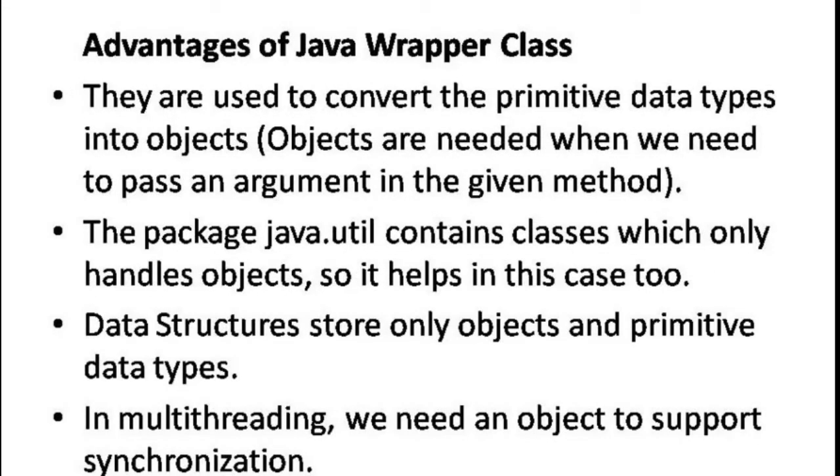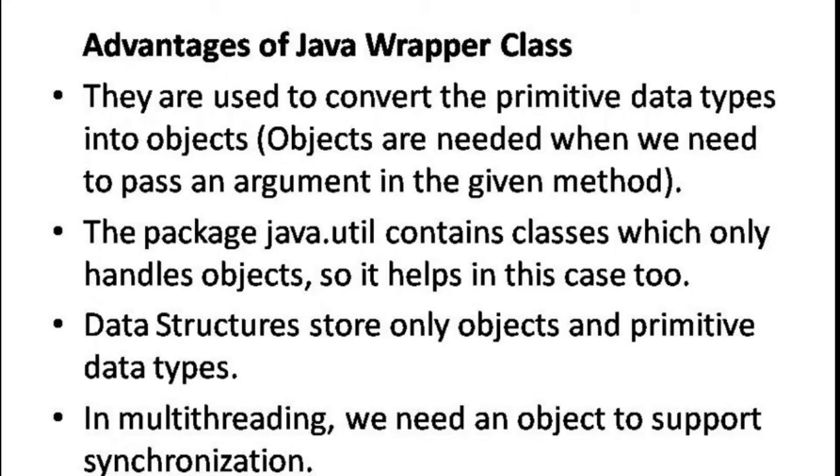Now, what are the advantages of Java wrapper classes? They are used to convert the primitive data types into objects. That is, objects are needed whenever we need to pass an argument in the given method. If a function is so designed that it can take only a reference data type, we have to convert the primitive type into its equivalent reference data type. The package java.util contains classes which only handle objects, so it helps in this case too. Whatever methods we have in that package make use of reference data types or objects.